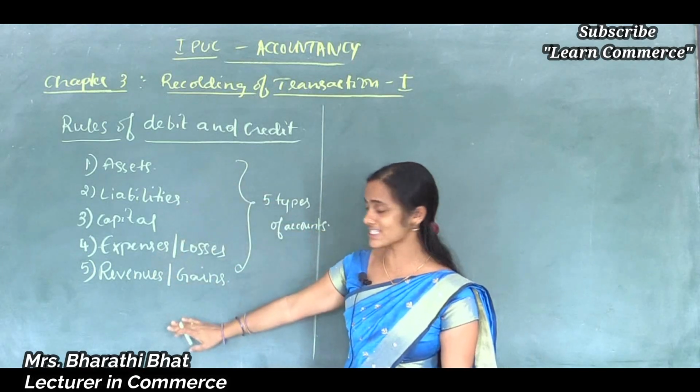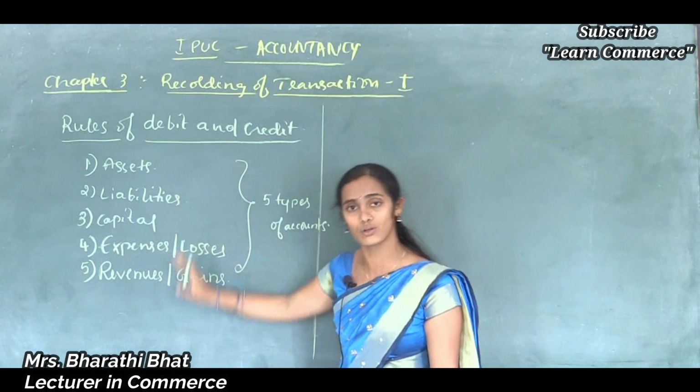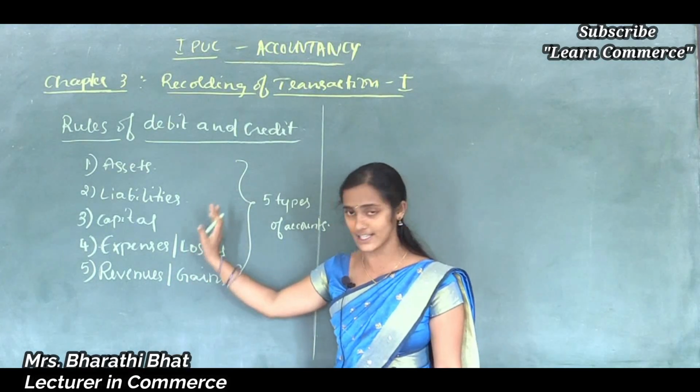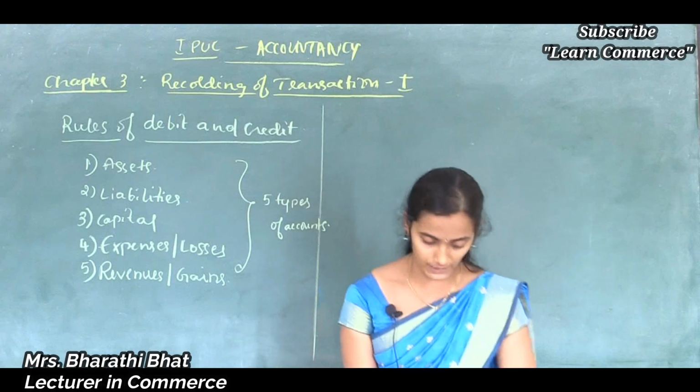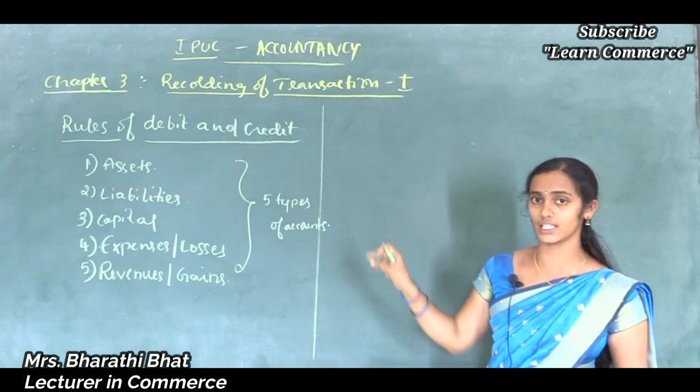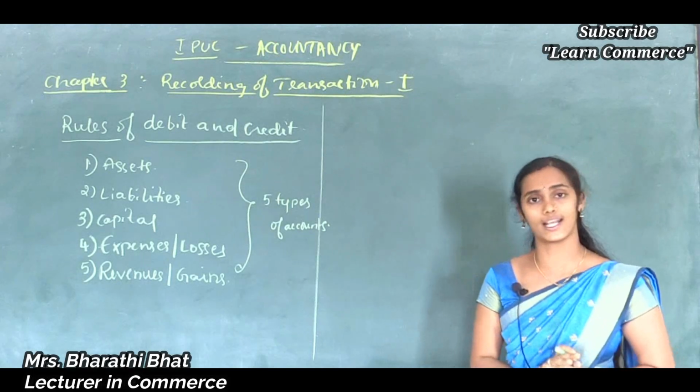And all these types of accounts have their own rules to record these transactions in the books of accounts. So let's see the rule for recording the changes in assets and expenses.